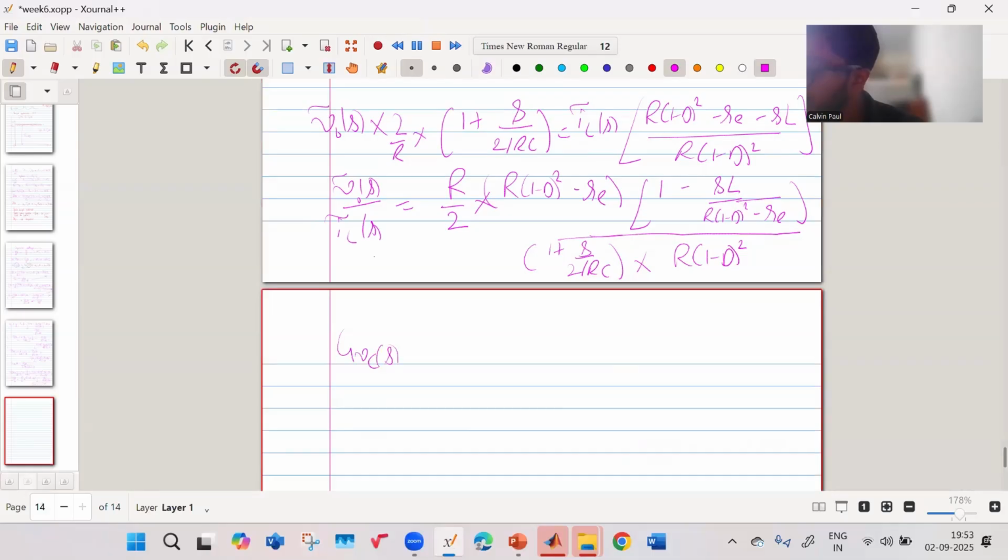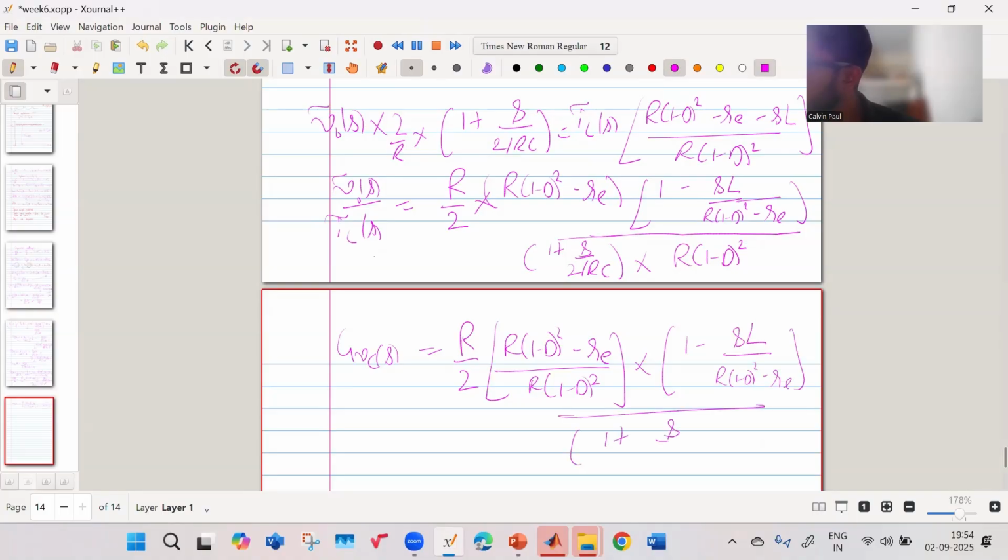GVC of S is equal to R by 2 into R(1 minus D) square minus RE upon R(1 minus D) square, into 1 minus SL upon R(1 minus D) square minus RE, upon 1 plus S by 2 by RC.